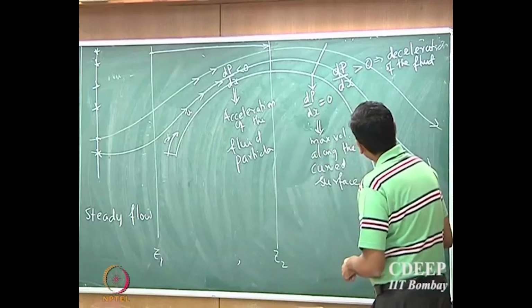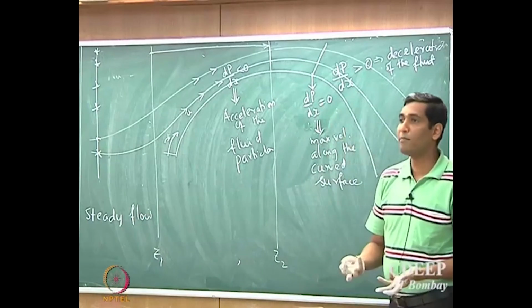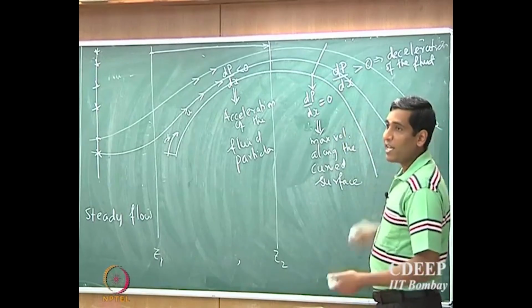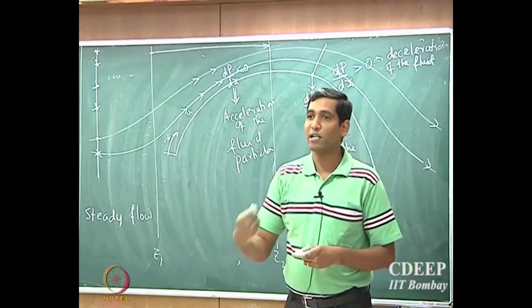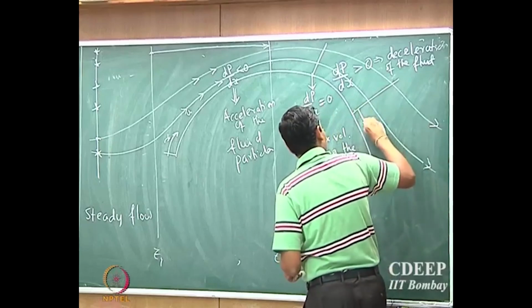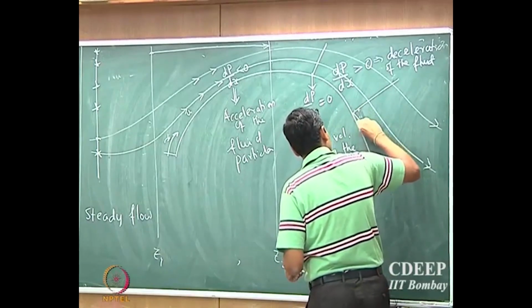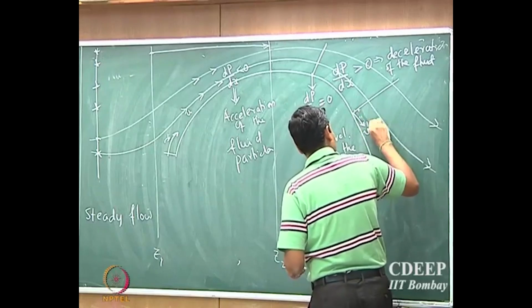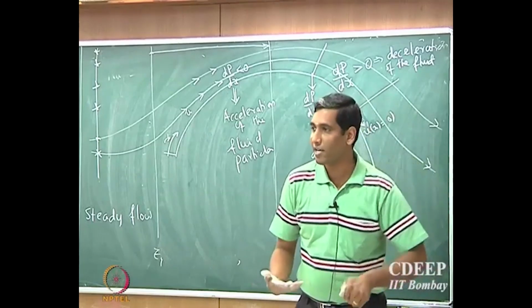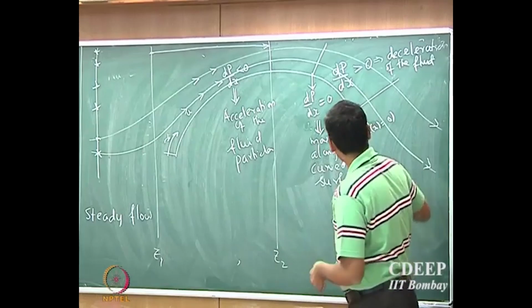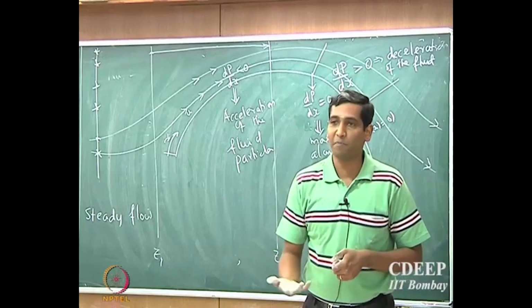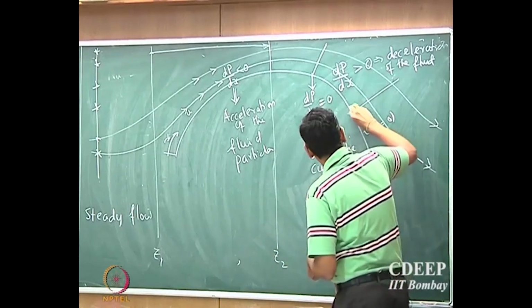Okay. So now at some location, the fluid is decelerated to a certain extent that the velocity would come to 0. The deceleration is so much that at a certain location the fluid particles are no more able to sustain the adverse pressure gradient, and therefore they will come to rest.